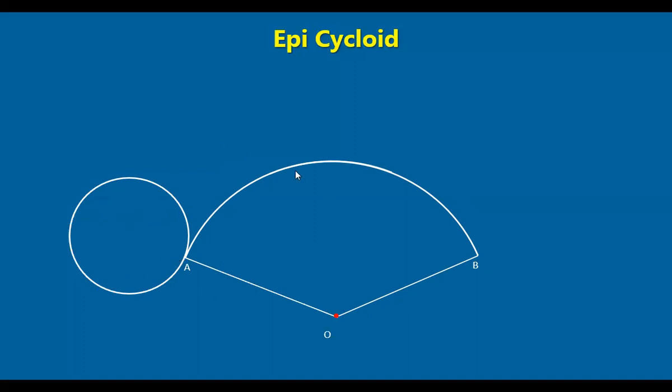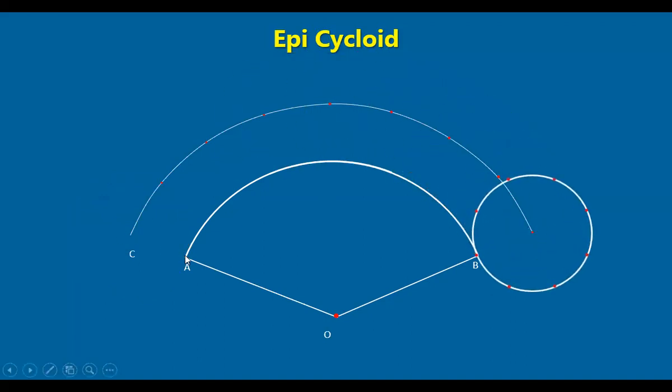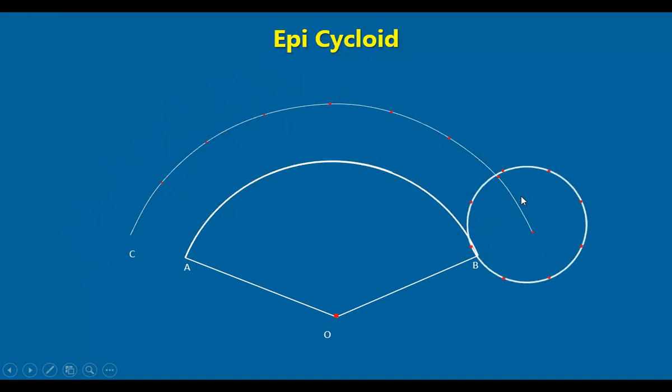Now when it is rolling, it moves like this, and the point A on the circle which is in contact here slowly moves up and comes down and touches the point B again after making one complete revolution.